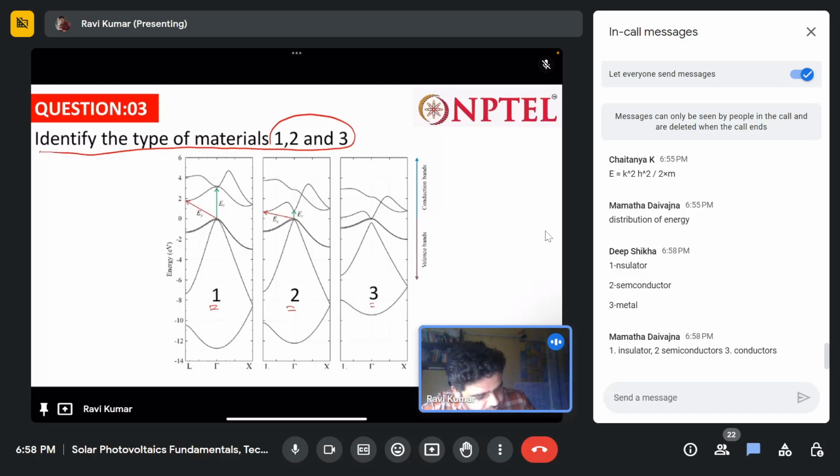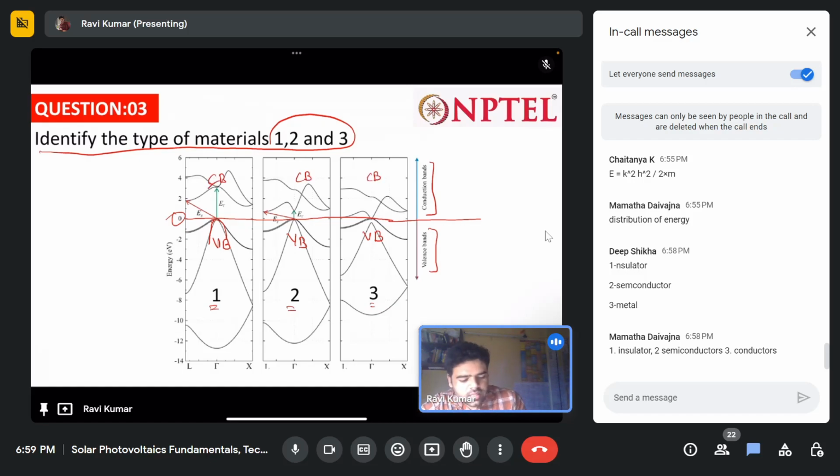So here you can see this is the conduction band and this is the valence band. If I draw a line here at the zero point, this is our valence band and this is our conduction band.